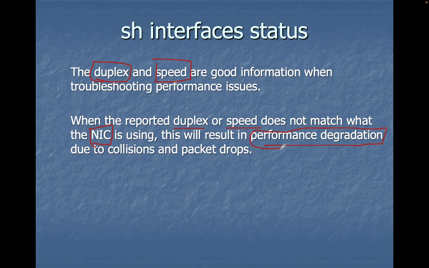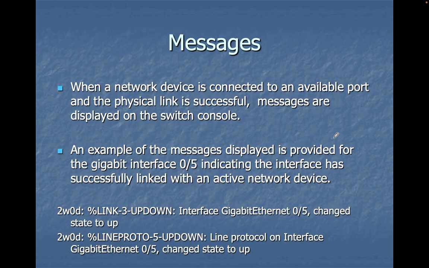There will be a lot of packet collisions, and a lot of packets will be dropped somewhere along the line. So there must be coherence between the speed of your system, your switches, and the network interface card. Okay, now let's move on.